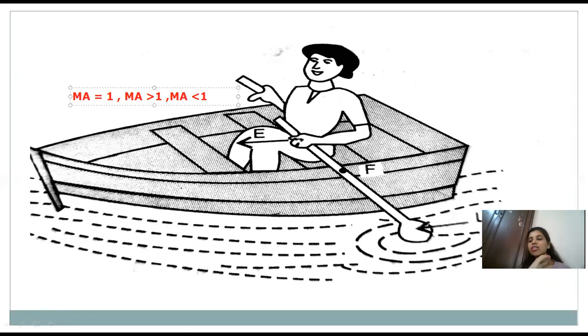So in case of class 1 lever, as the fulcrum is at the center, accordingly we can shift the position of the fulcrum. We can have a longer effort arm, and we can shift the fulcrum to the other side and have a longer load arm. So as we can shift the fulcrum to the left or to the right and change the length of the load arm and the effort arm, that's the reason we can change the MA.